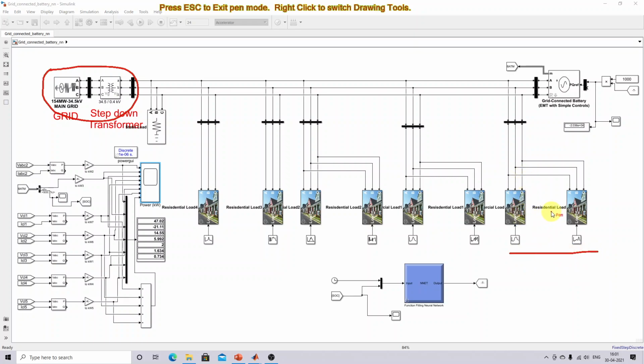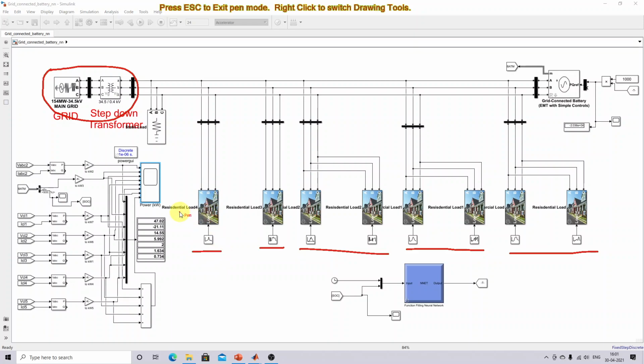One is residential load and a commercial load, and then load two is also has a residential load and a commercial load, and then load number three is also consists of residential load and commercial load, and then the fourth load, we have only residential load, and then the fifth load only has the residential load.